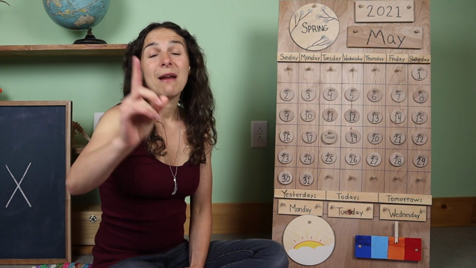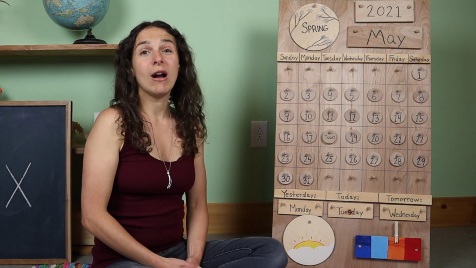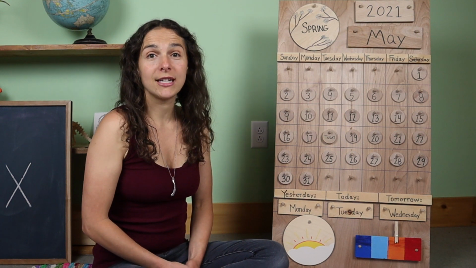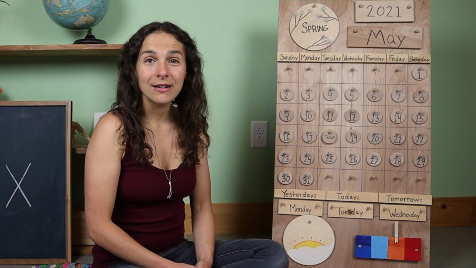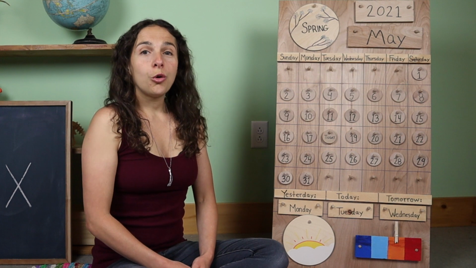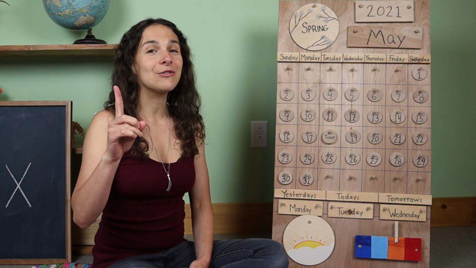Okay, friends, let's get our counting fingers ready and we're going to warm them up and stretch them. And because we have a lot of counting to do, let's also take a deep breath together. Are you ready? Counting fingers ready?